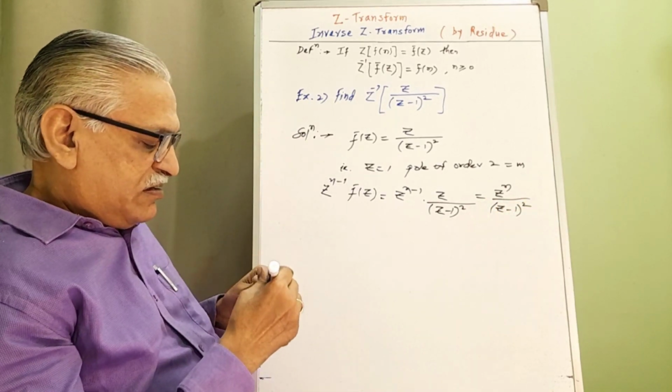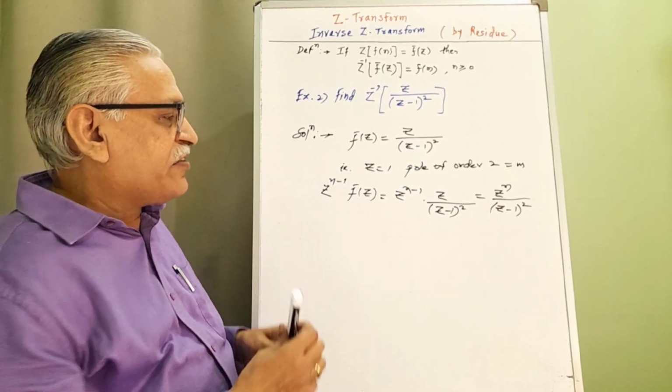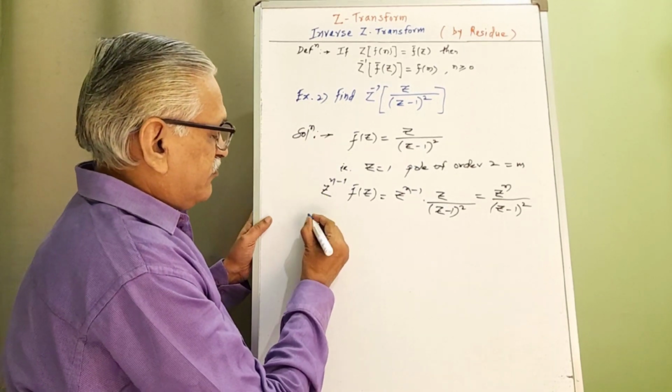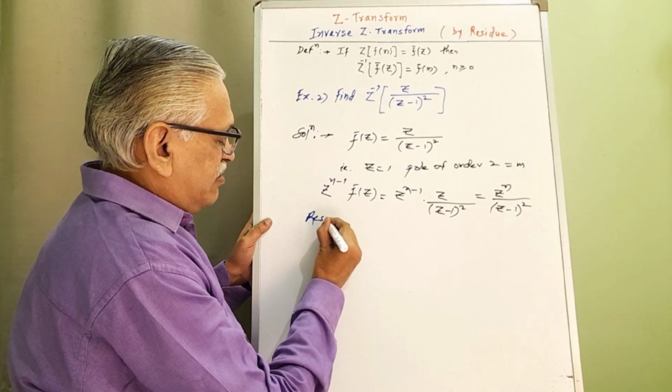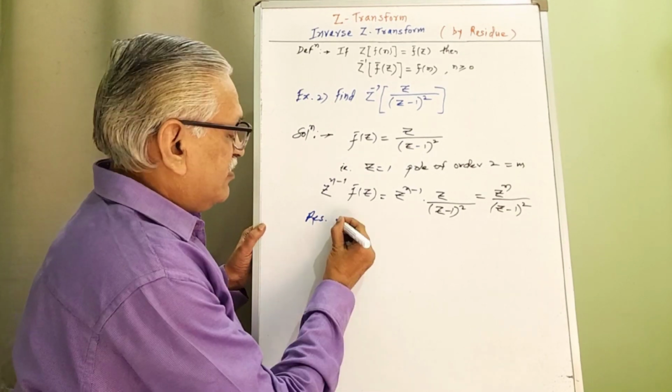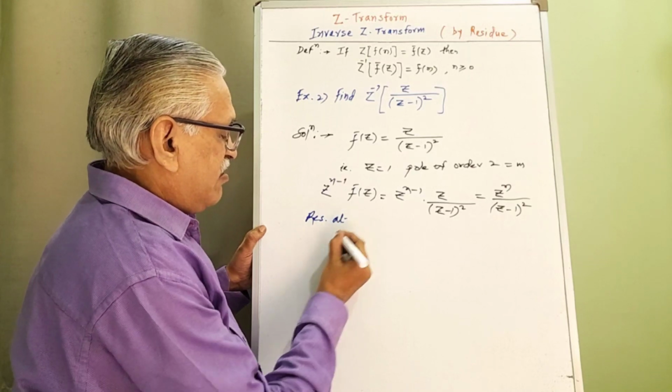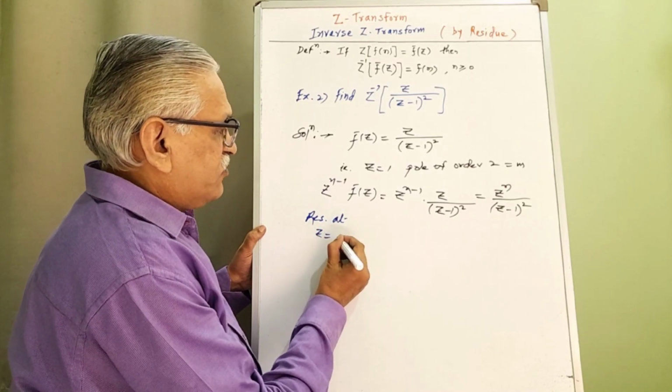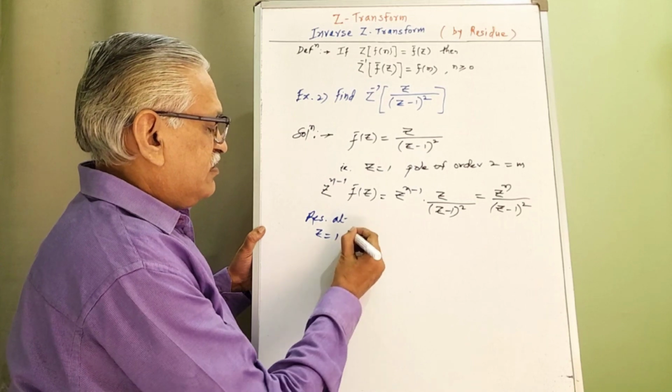Then the residue at the pole z equals 1.